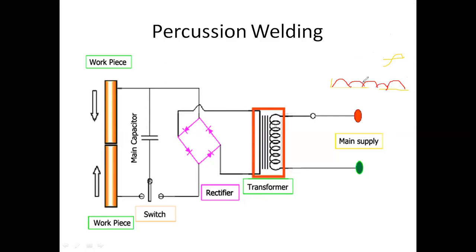But here all voltages are not the same. This type of DC voltage is coming, so this DC is not continuous DC. Within this point we get DC, and within this point we never get any power.